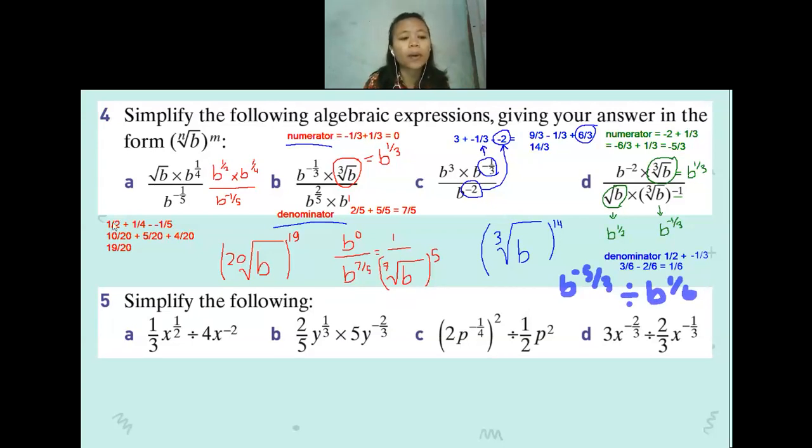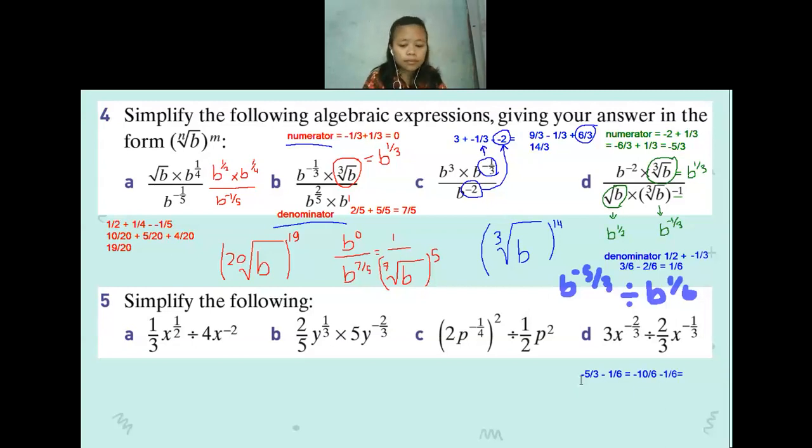When it is a division, we can simplify the power by doing subtraction. So now we do a subtraction of negative 5 per 3 minus 1 per 6. We have to make the denominator the same first. We make everything into by 6, so it will be negative 10 by 6 minus 1 by 6.